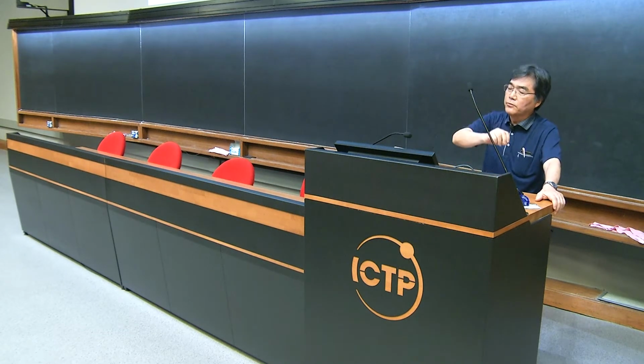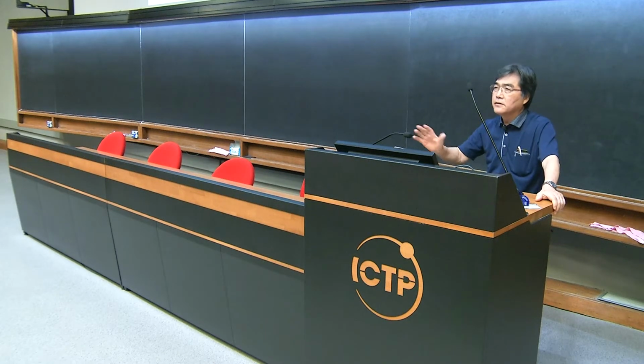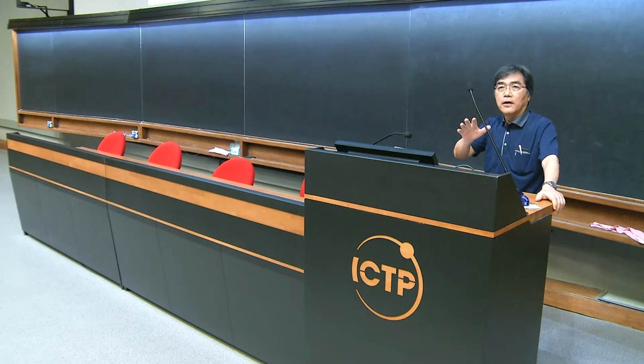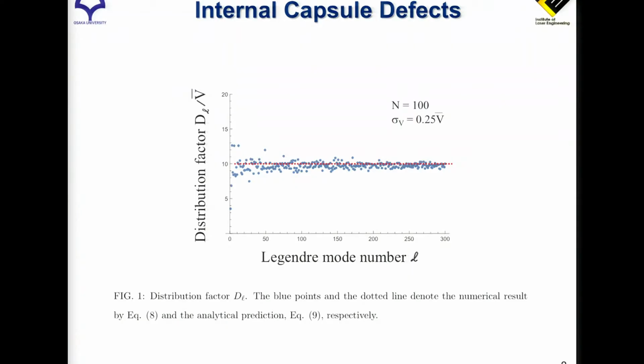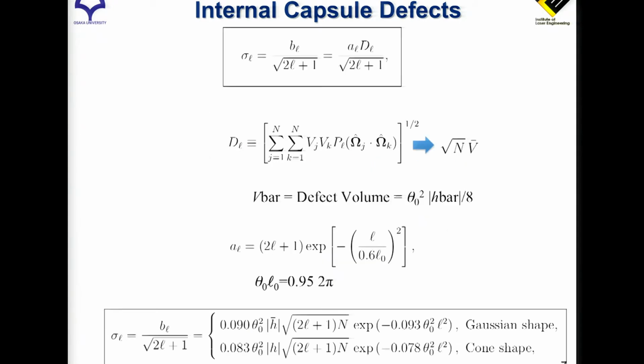DL is a distribution function. If you are familiar with laser fusion, Rochester's Skupski made a very similar analysis of the laser beam pattern on a spherical target.